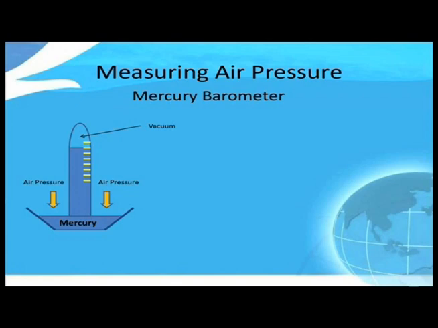And this is the liquid mercury here, and this edge here is exposed to the air on each side, so the air pressure is pushing down on the liquid and causing it to go up into the tube a certain amount of distance.